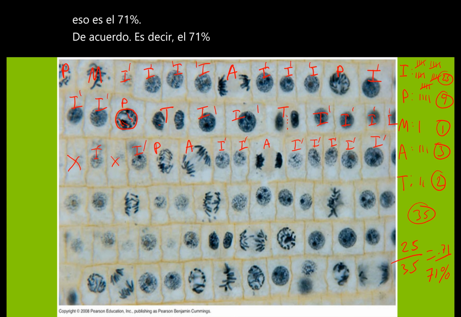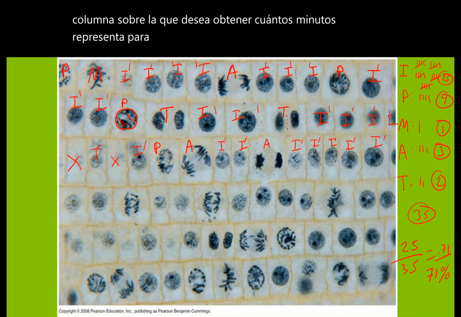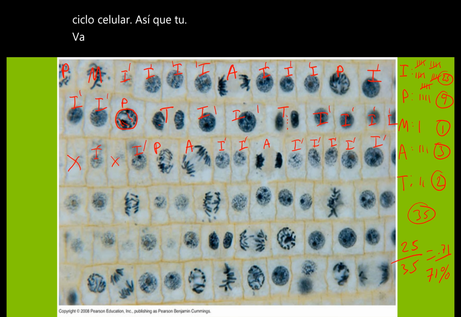And then the next column over, you want to get how many minutes that represents for the cell cycle. So you're going to take 0.71 times 1,440. This is wrong. Is this right, mister? Should be like a big number. 1,000?